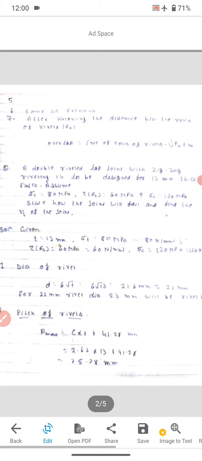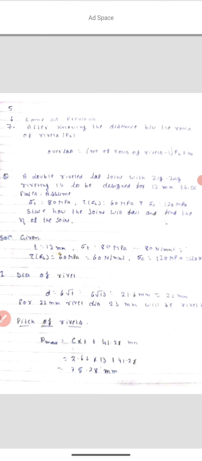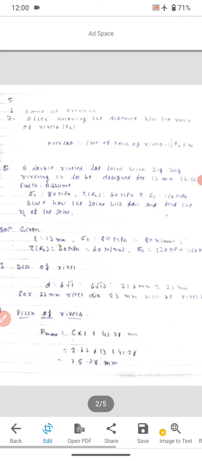Now the first step will be the diameter of the rivet. If thickness is not given, then thickness will be your first step, but here thickness is already given, so diameter will be your first step. Diameter is your second step in the actual design procedure, but since thickness is given, diameter will be your first step.